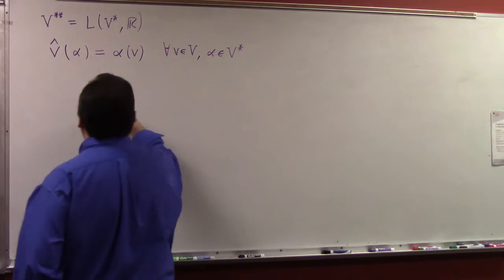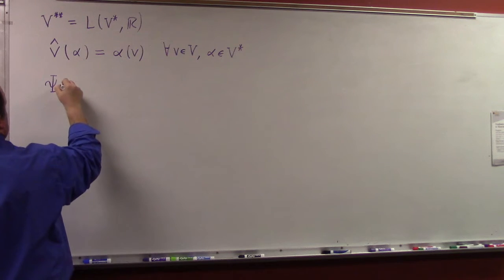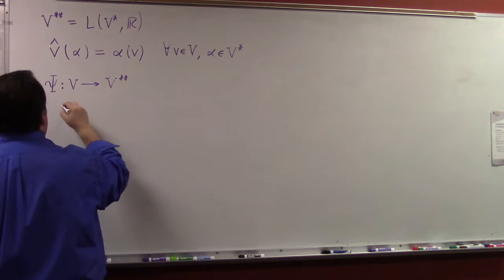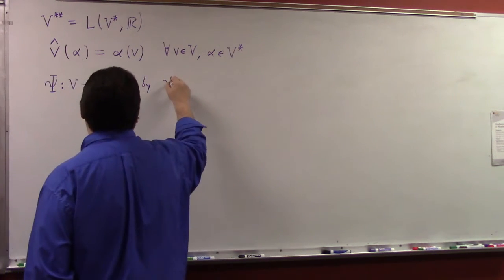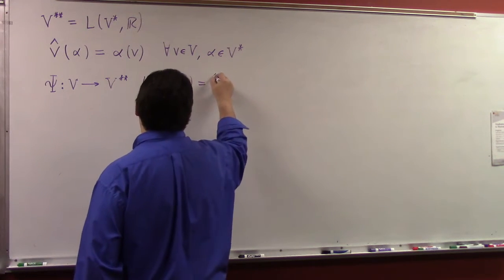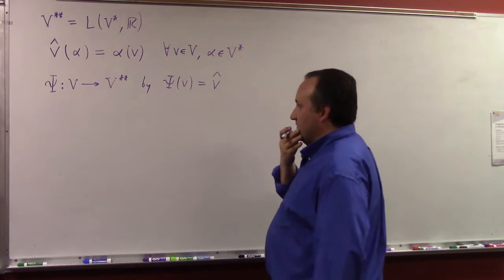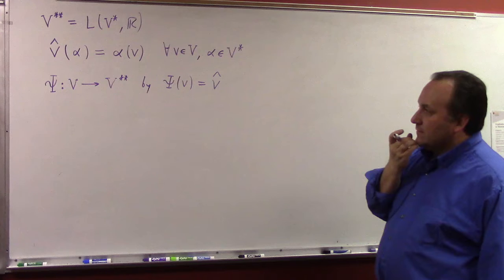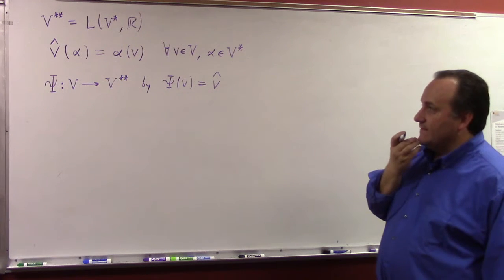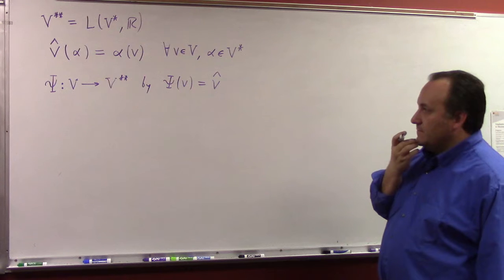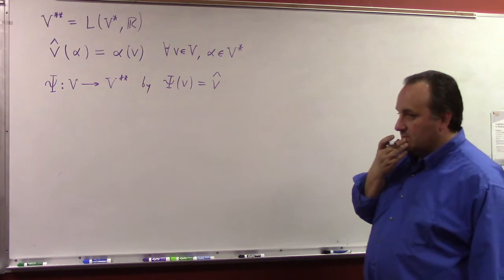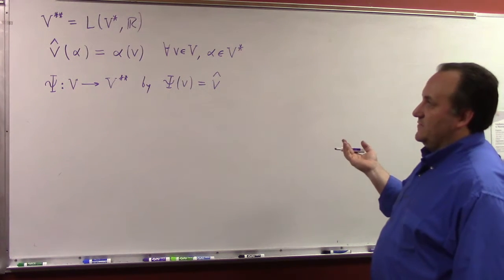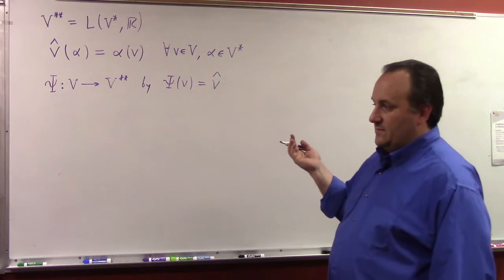In other words, you can define the mapping psi, a mapping from V to its double dual, by psi of V equals V hat, where V hat is defined as above. Now you can check that this is in fact an isomorphism. Well, it's an isomorphism because you can just apply what we did before.